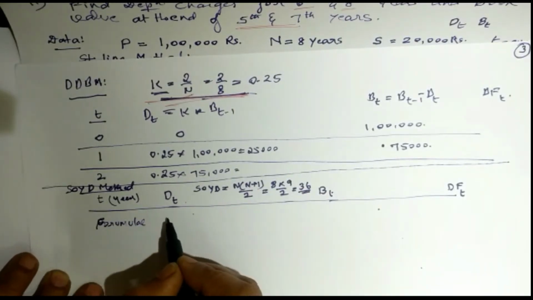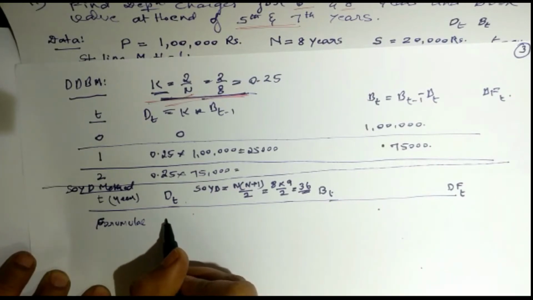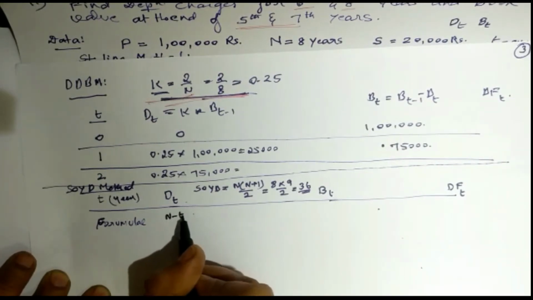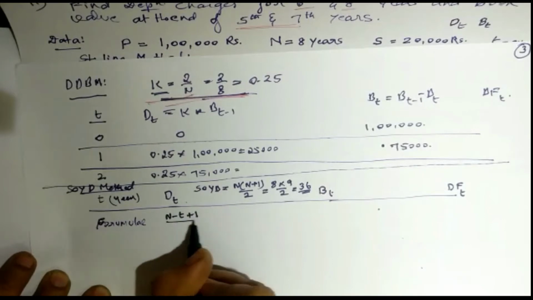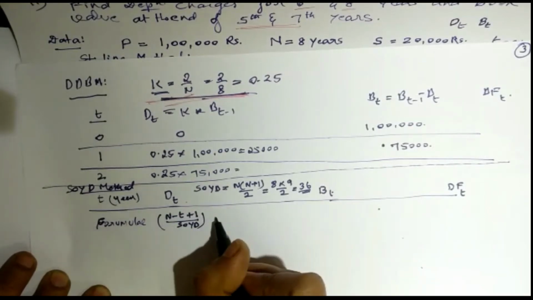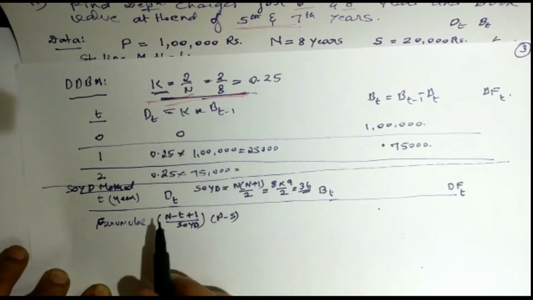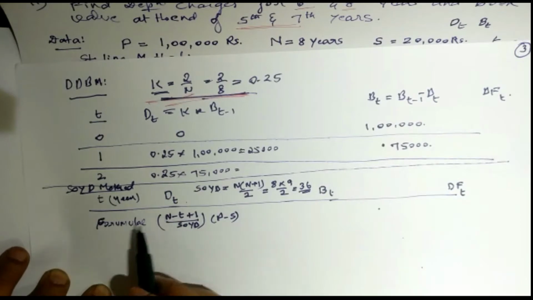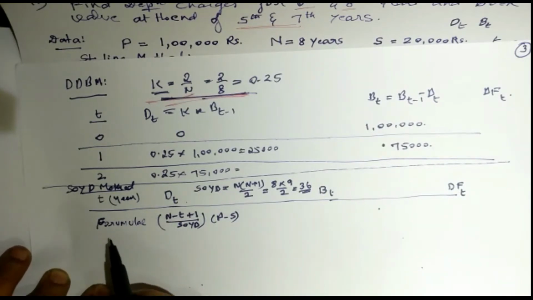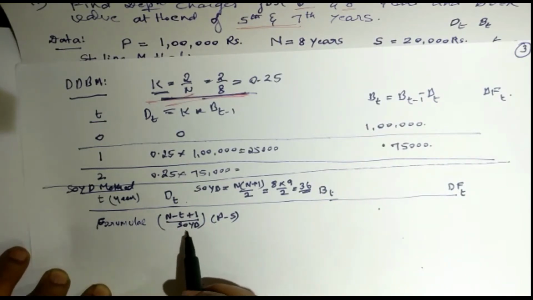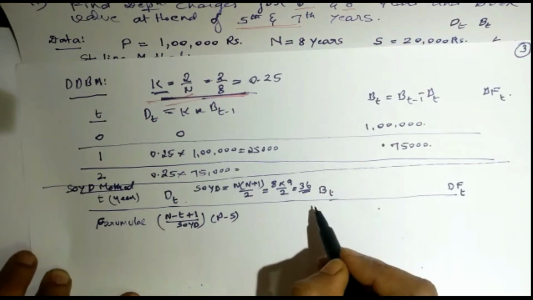Next, dt is given by the formula n minus t plus 1 divided by SOYD into p minus s. P is first cost, s is salvage value, n is life. T is the value which we have in this column corresponding to this row. SOYD is 36, just now we calculated.